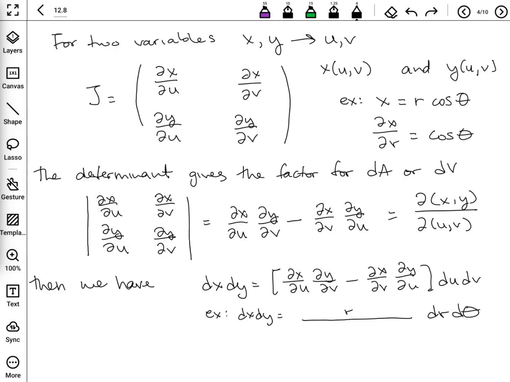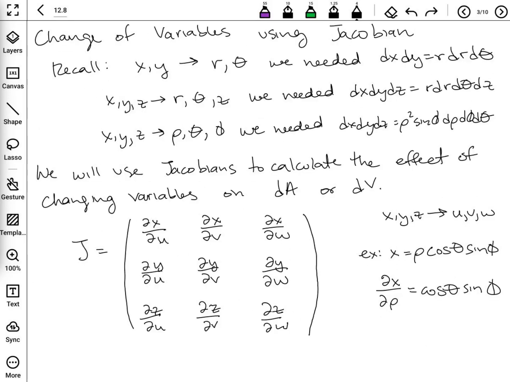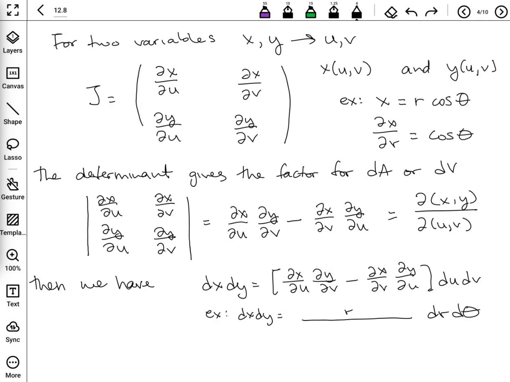So maybe somewhere in your notes, let's just make sure to put that absolute value bar there. That way you know that the answer you put into the integral should be positive. But if you're just asked to calculate that thing, it can be negative.